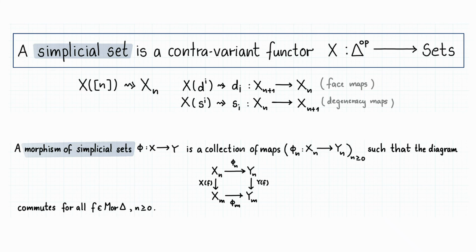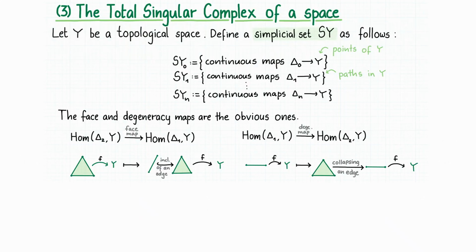So let's look at some examples. The first example is the total singular complex of a space. Given a topological space Y, we're going to construct a simplicial set out of it.